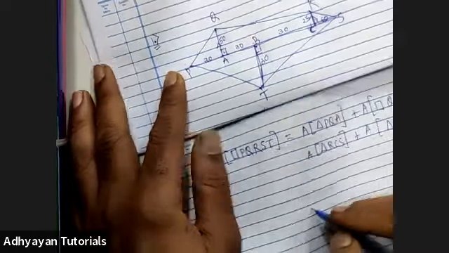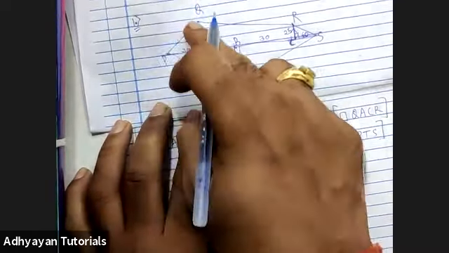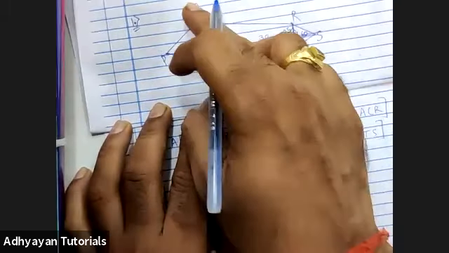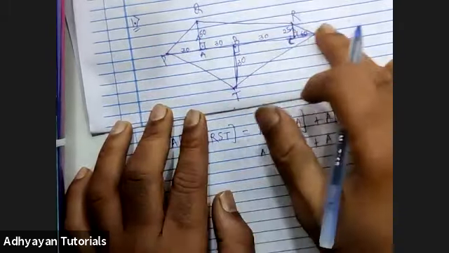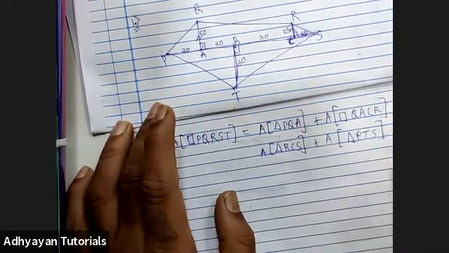I hope everybody has understood this. Sorry, that was not visible, but I have added this smaller triangle, the quadrilateral and the bigger triangle. If I add all of them, I will get the bigger plot.